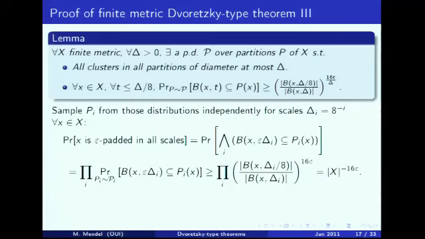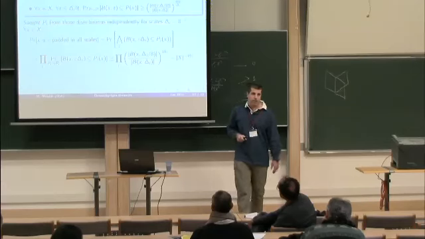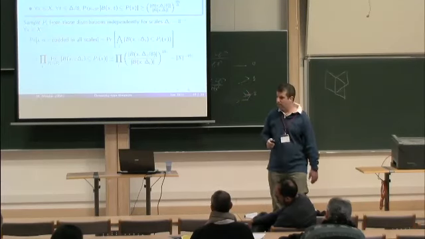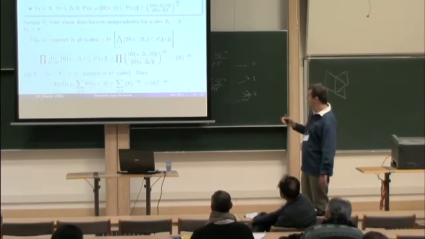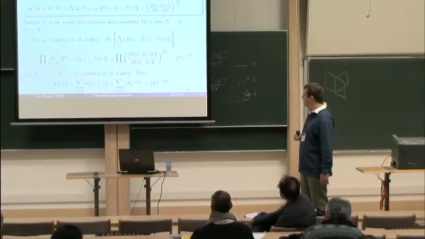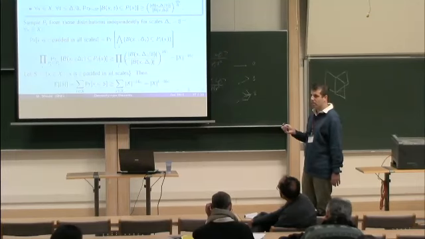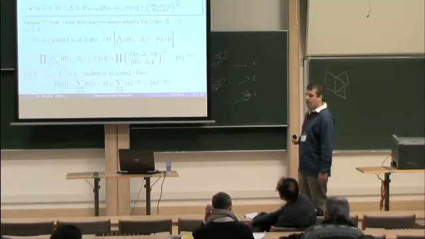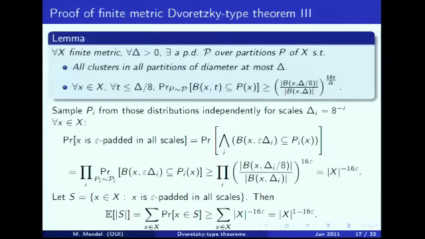This means that the probability is at least n to the power of minus epsilon, which means that the set of the points that are epsilon padded in all scales has expected cardinality of n to the power of 1 minus constant times epsilon, which is exactly what we promised at the beginning of the theorem.